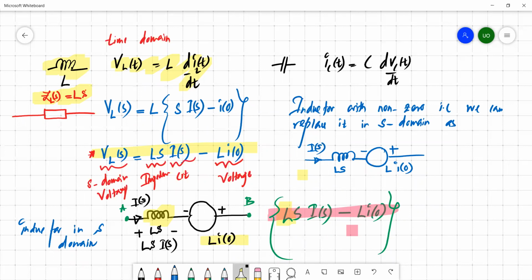So we can simply replace this. Okay. Similarly, you can apply it for the capacitor as well.